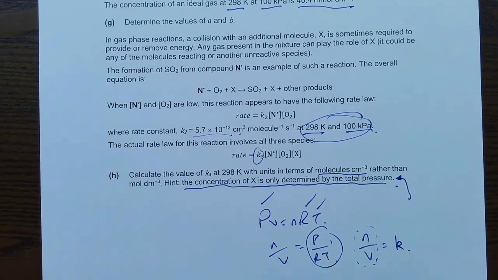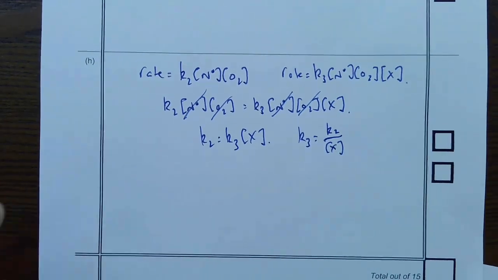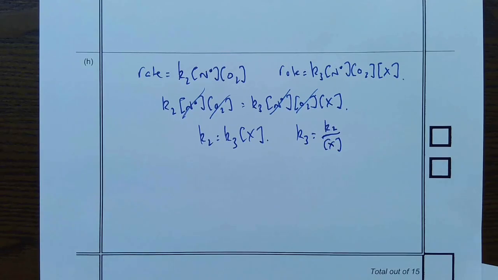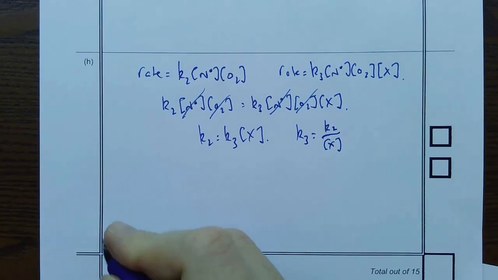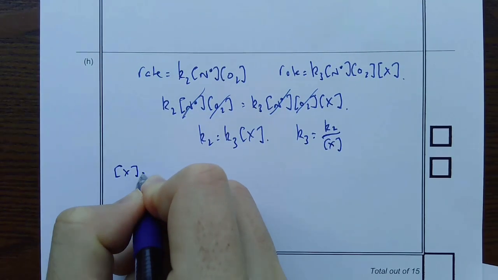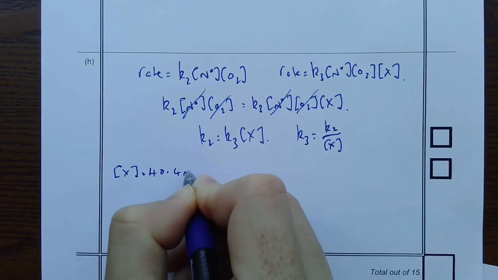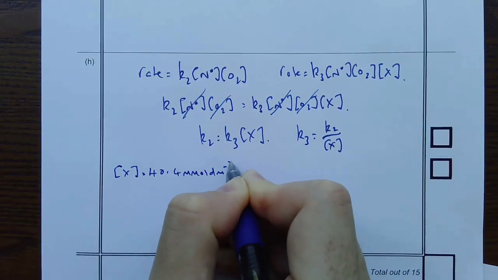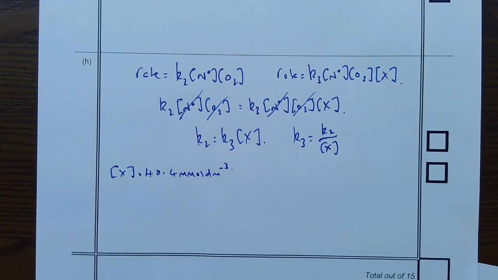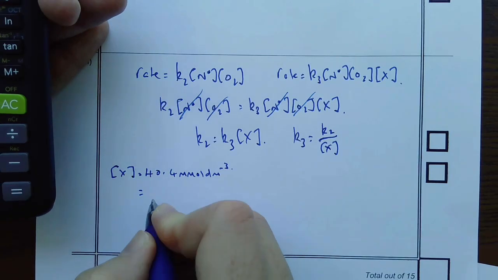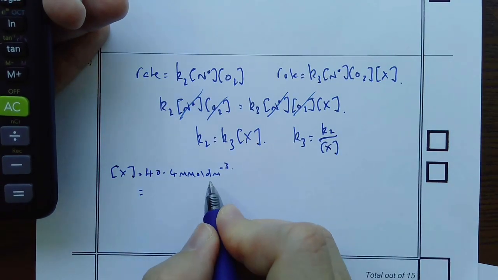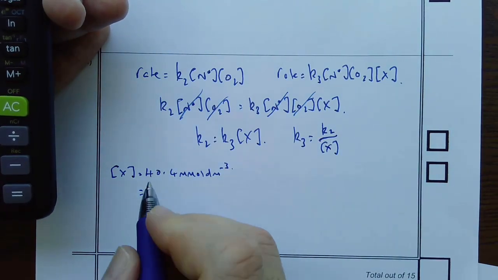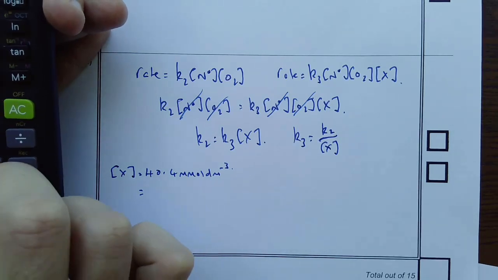Okay, so let's do that. My concentration of X is 40.4 millimoles per decimeter cubed. Let's do it one step at a time.